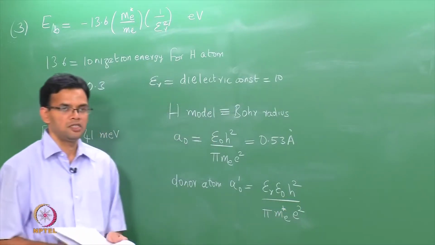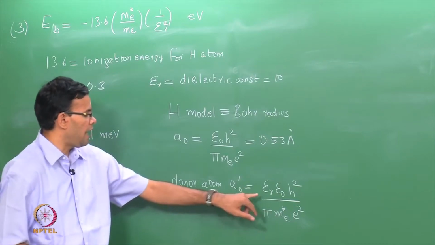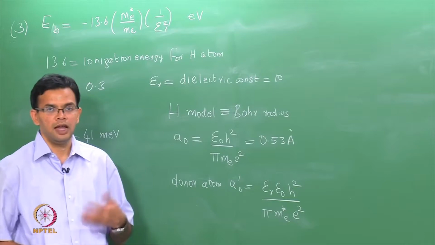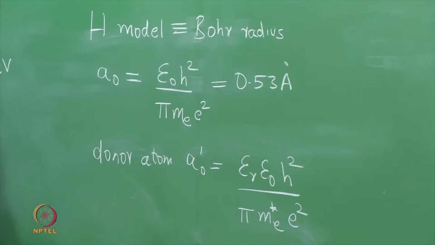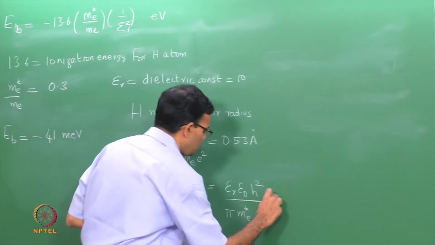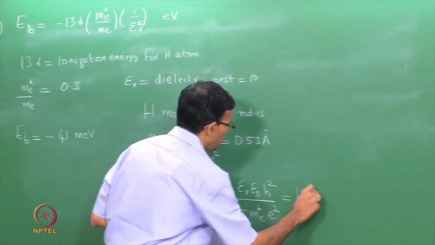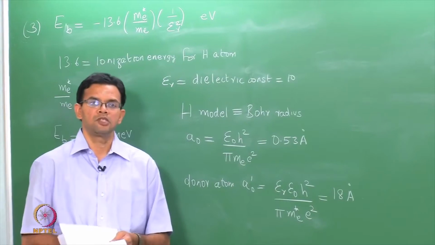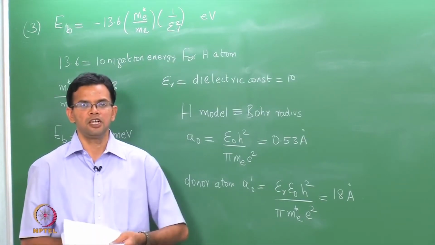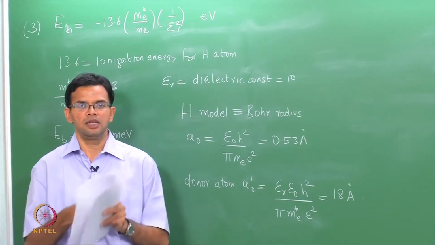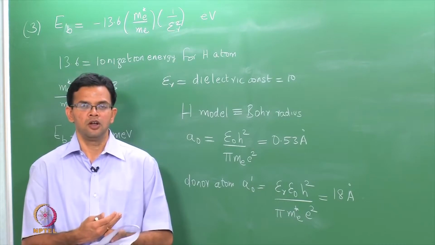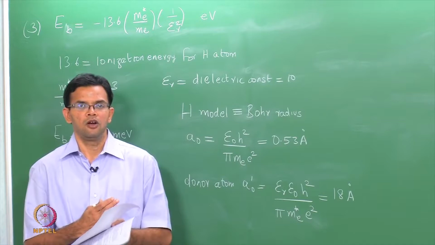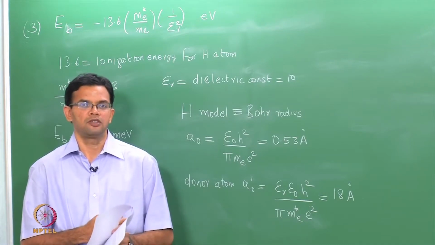The expression is the same except that we are adding the dielectric constant and also the electron effective mass. We can plug in these numbers and this gives you a Bohr radius of around 18 angstroms. This represents the size of the influence of the donor electron.